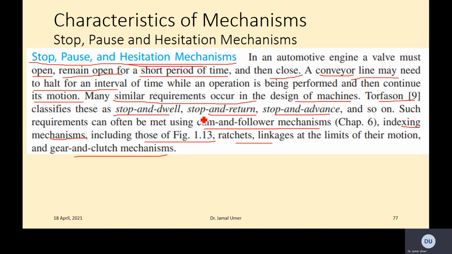So there are many different applications. Cam and follower is a very good example, and indexing mechanisms, which we have studied already, are also in the same category. Ratchets, linkages at the limits of their motion. There are versatile applications, so this category is also huge.